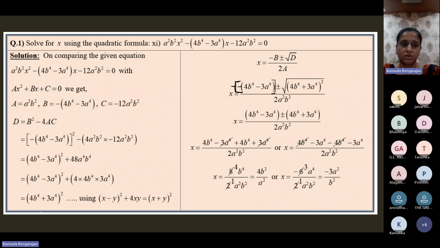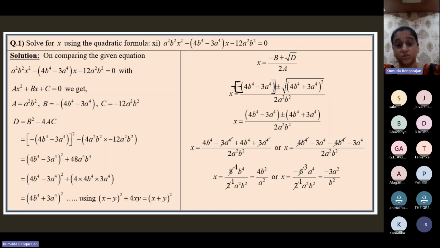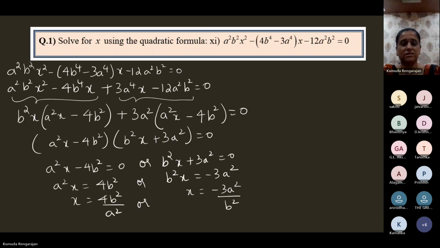If the question is solve for x, please prefer this method because it's time saving. This one is time consuming. With practice, you can do this also fast, but this one will take lesser time. So choose this method over that.